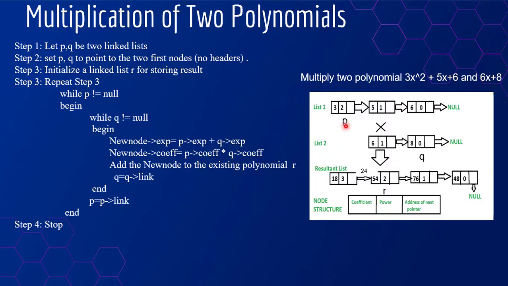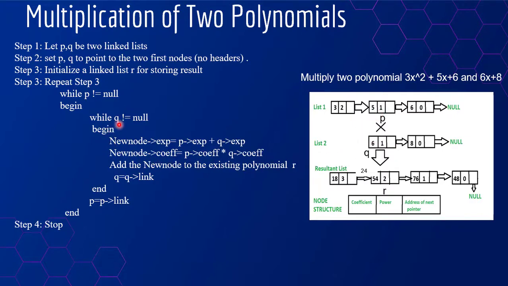So this node will be the new P. And you are going to start Q again from here, because we are going to multiply each and every term of Q with every term of P. Okay, so let us see.